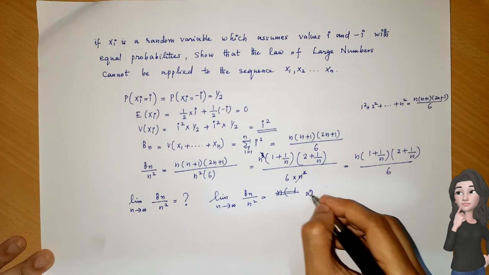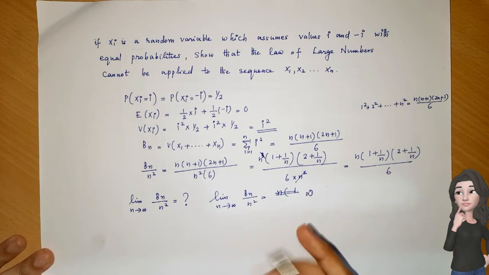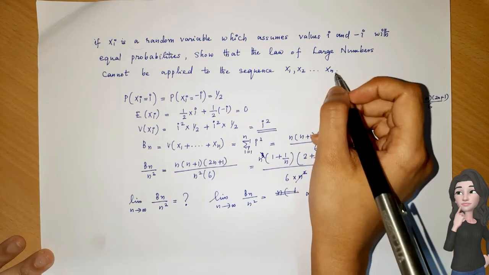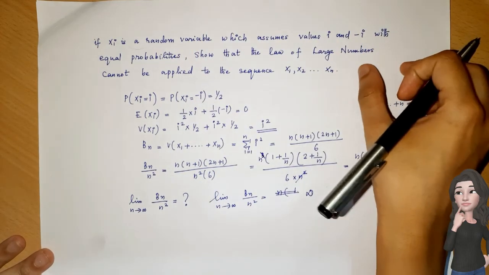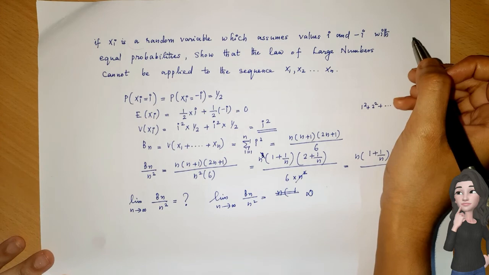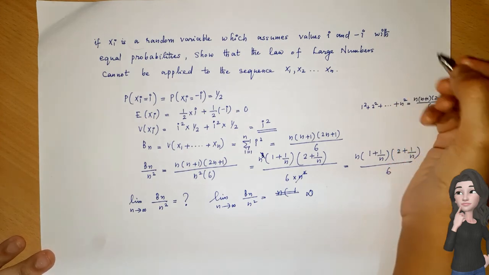So then, since this Bn by n square is not equal to 0, we can say that this sequence X1, X2, etc. Xn, where Xi, the random variable, assumes the values i and minus i with equal probabilities, does not satisfy the weak law of large numbers.